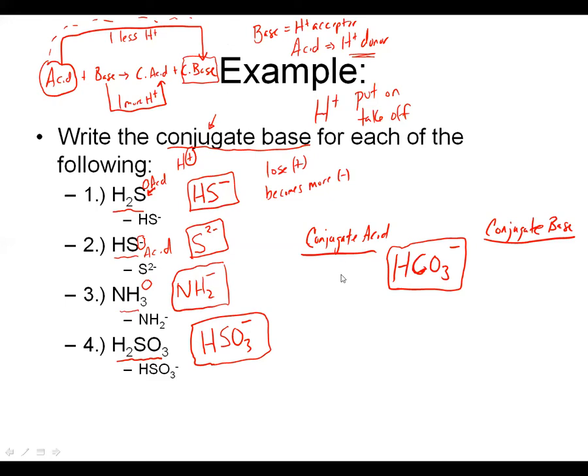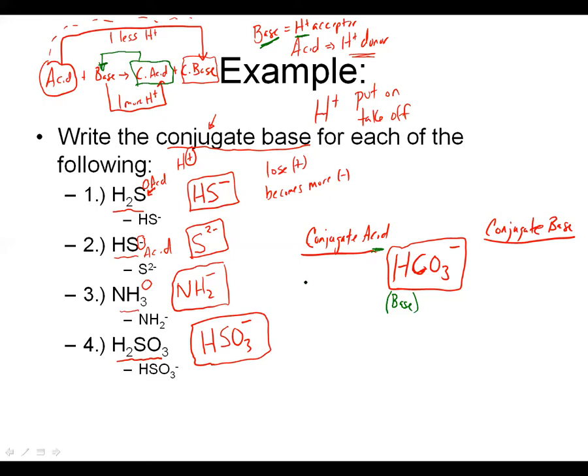All right, let's see how we're doing. We'll start here with the conjugate acid part. Using our same logic, we want to figure out the conjugate acid, which means that it had to start out as a base in this case. So as we're figuring out the conjugate acid, we're thinking of this as a base. The definition of a base is something that will accept an H plus.